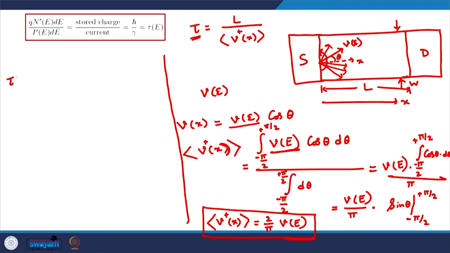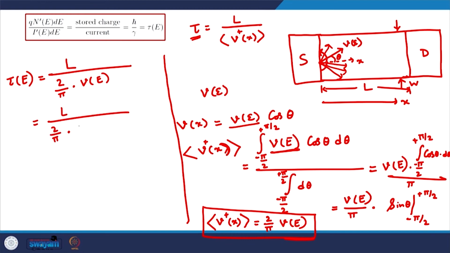So, this will be L divided by 2 by pi into Ve, and Ve, if you recall, is square root of 2 times E minus Ec divided by m star.